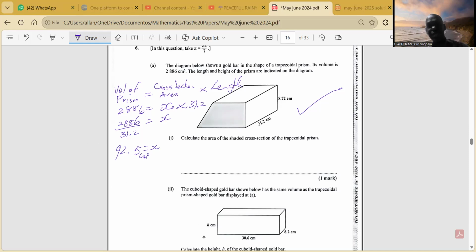All right. And then they said the volume of the cuboid, same volume.